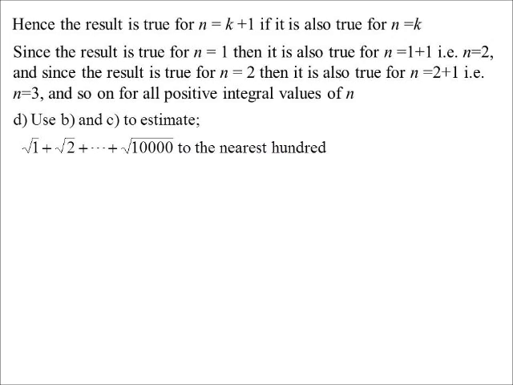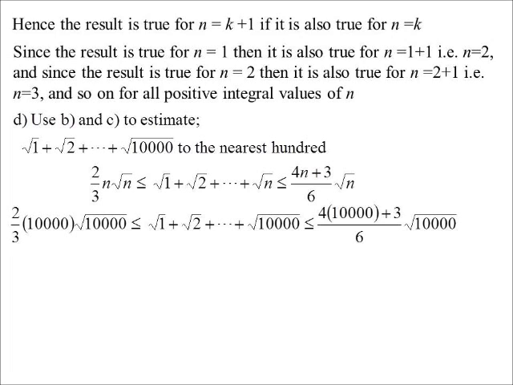Okay, it then asked us to use part B and part C to estimate what in fact the sum of the square root of 1 plus square root of 2 up to the square root of 10,000 would be to the nearest hundredth. We have now trapped the square root of 1 up to the square root of n between two algebraic expressions.